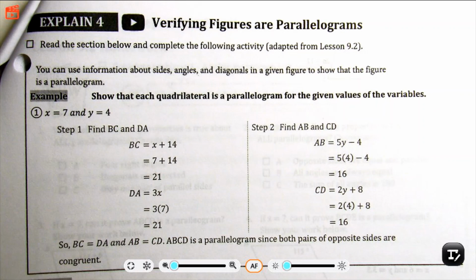So notice that each piece is congruent to each other. So JN and NL are congruent, and MN and NK are congruent. And from theorem 4, that defines that this is a parallelogram.